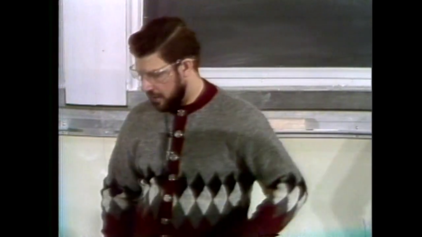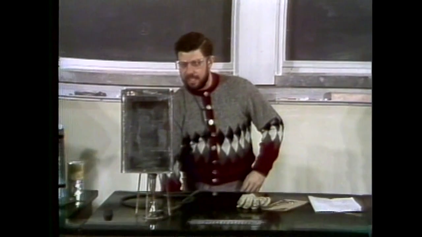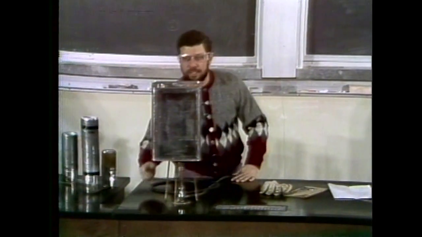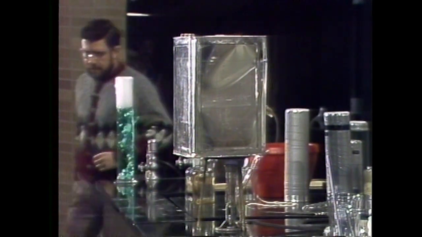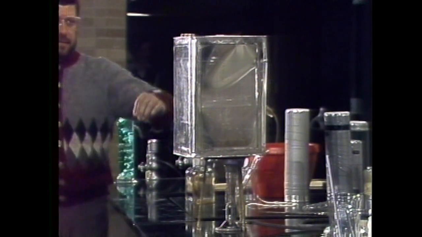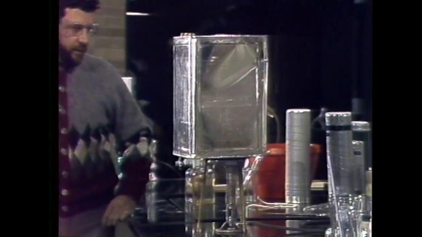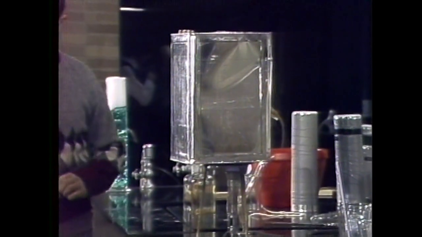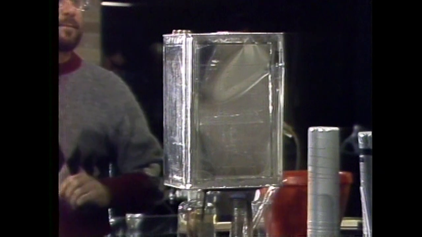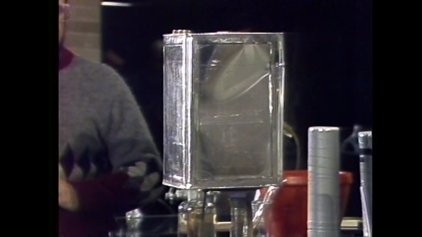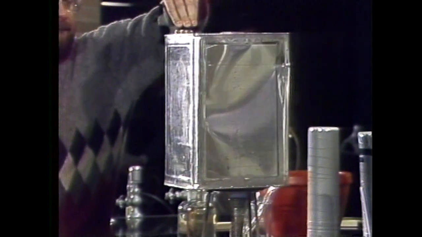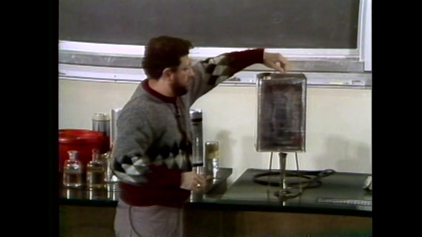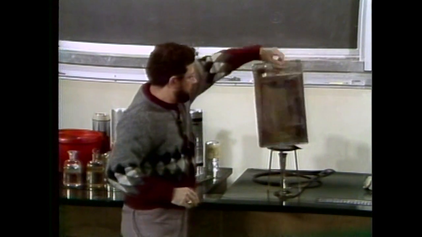And what I have here is this can that has been heating for some time. It's got some liquid in it. If you look closely here, you can see that the vapors are escaping. And what I'm going to do is fairly soon stopper this can here so that no more vapor escapes.